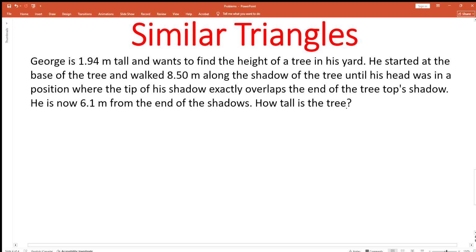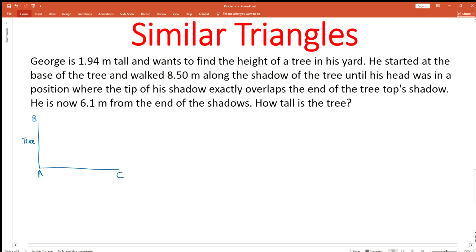The first step is to draw a diagram for this problem to visualize what's given and what we need to find. Let's assume this line segment AB represents the tree. Let's assume line segment AC represents the tree's shadow on the ground.